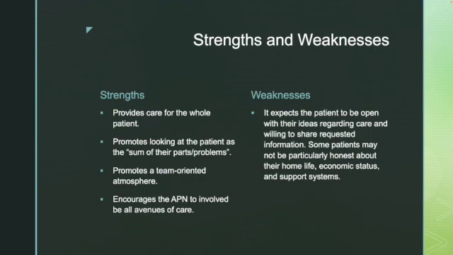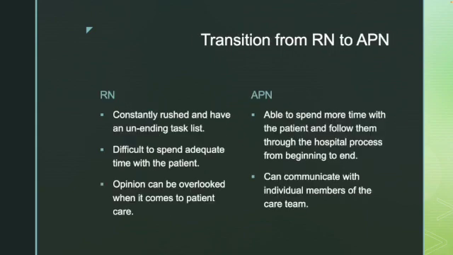Some of the weaknesses: it expects the patient to be open with their ideas regarding care and willing to share requested information. Some patients may not be particularly honest about their home life, economic status, and support system, so when they're not, it's difficult to make a plan of care for the patient without having that information.